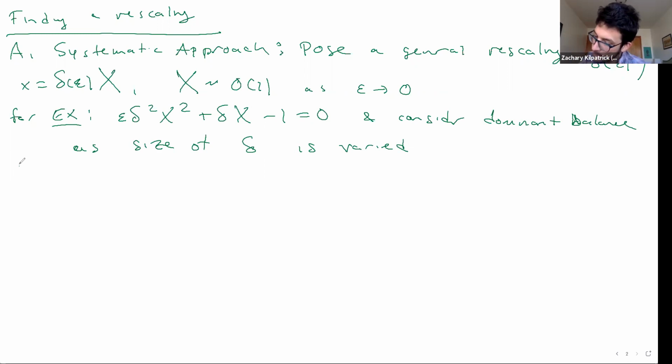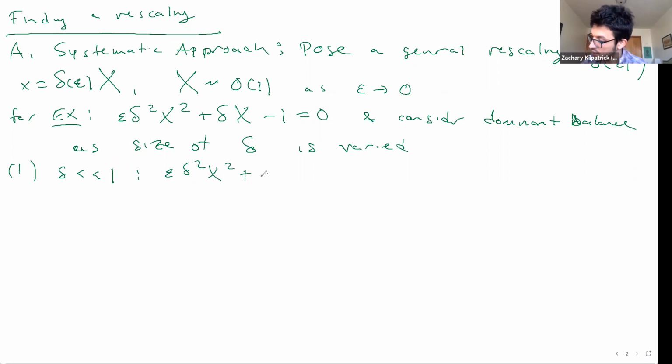Okay, so there's a few situations. You could pick delta of epsilon to be much less than 1. If it was very small, then what would happen? I won't get too specific, but we can say things are either small, order 1, or large.